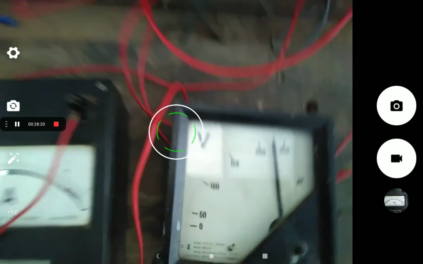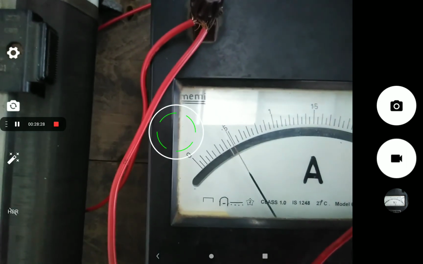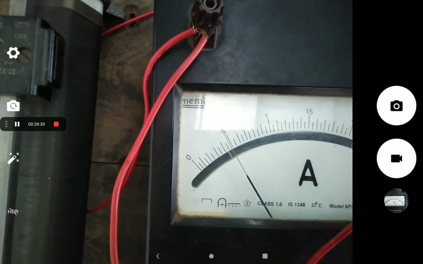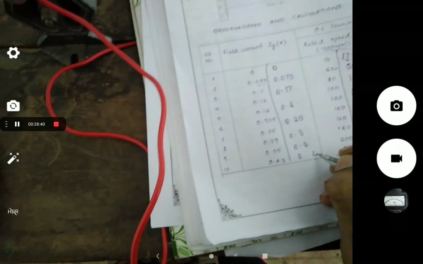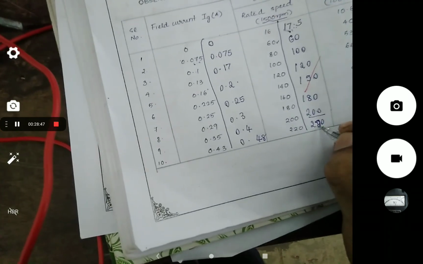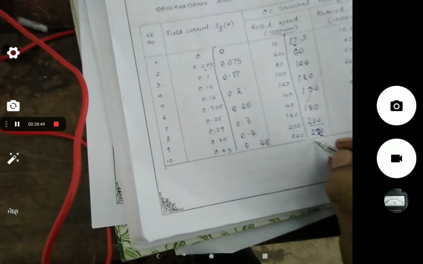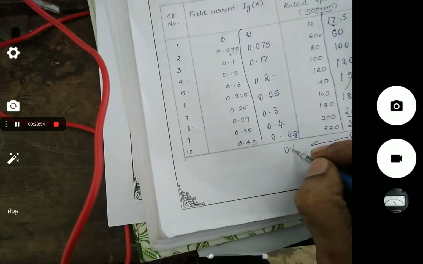So you increase to 220 and the current is 0.47 or 0.48. Okay, current is 0.48 for 220 volts. So your rated voltage is 220 and the corresponding current is 0.48.